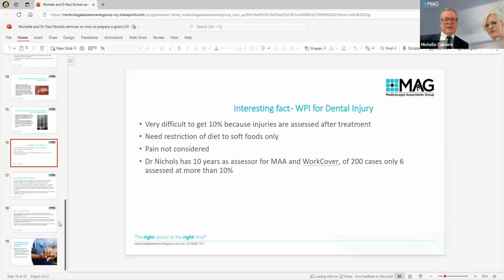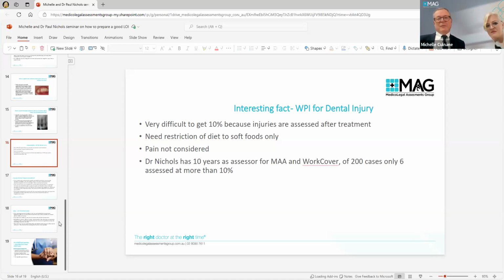And because they're functioning okay, WPI is based on function. They don't get it. They're very disappointed. I don't think the system's fair myself, because if you lose a tooth, you lose a tooth. Just because the dentist has been able to put an implant back there and you can eat okay, you've still had an injury and an impairment, in my view.